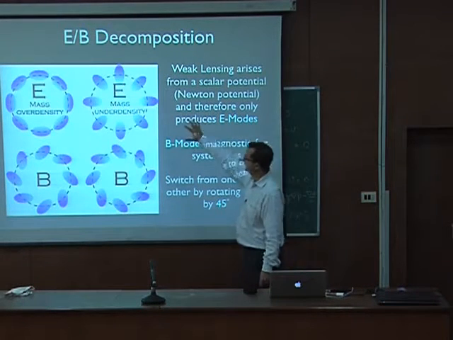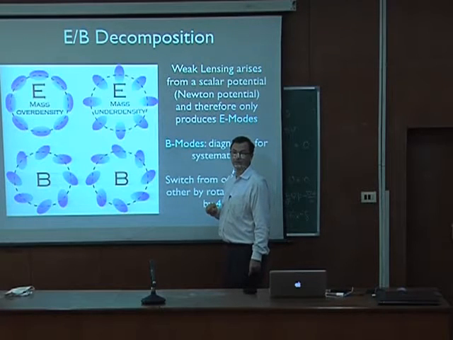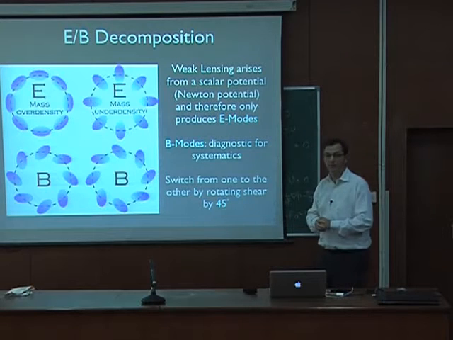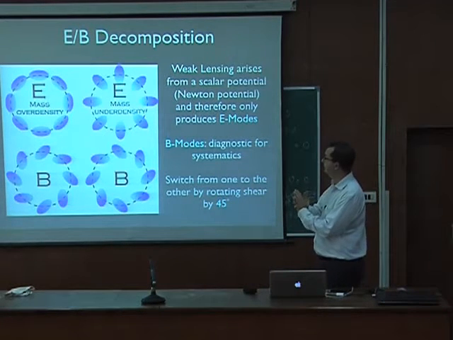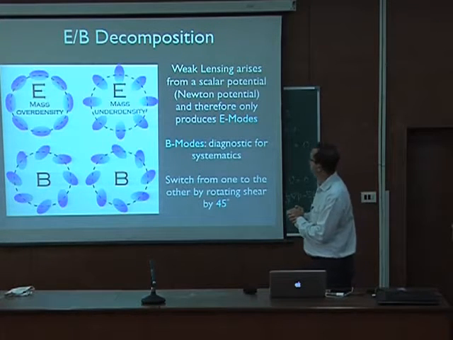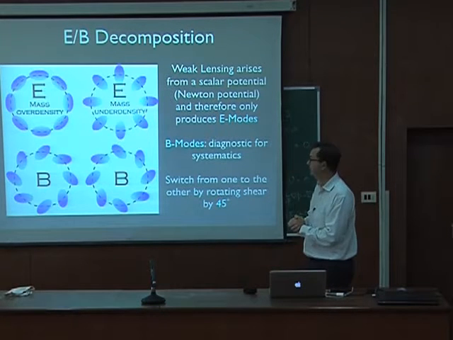One is called E modes, and the other is called B modes, in analogy with electricity and magnetism, where you can decompose the electromagnetic field into the electric field and the magnetic field. But here this is done in 2 dimensions for a spin-2 massless field. So it's an analogy, but has nothing to do with electric and magnetic fields.